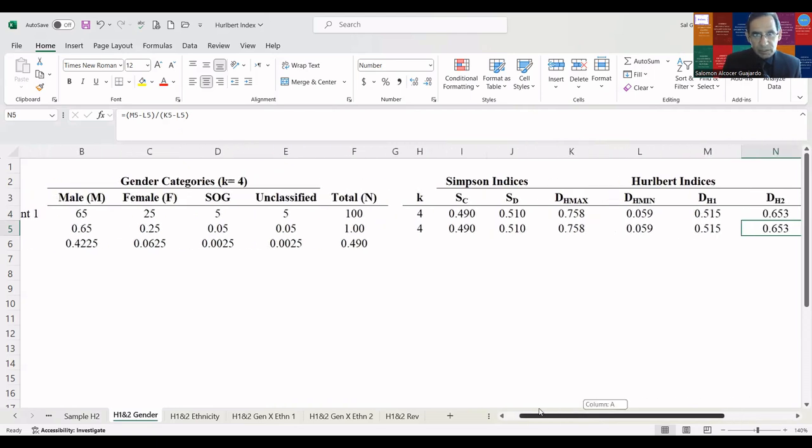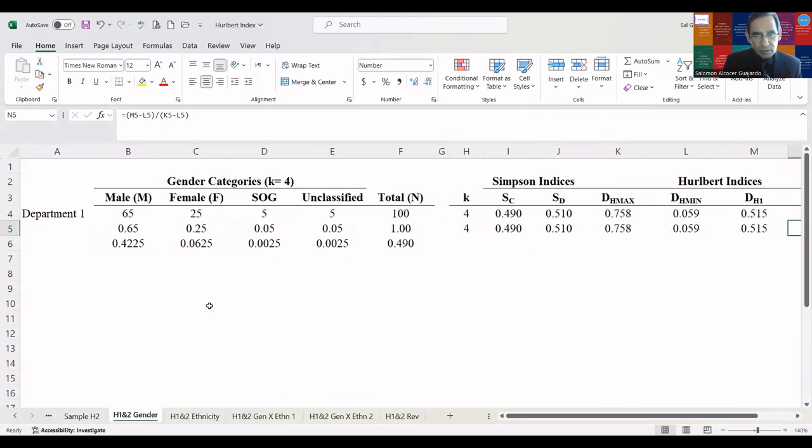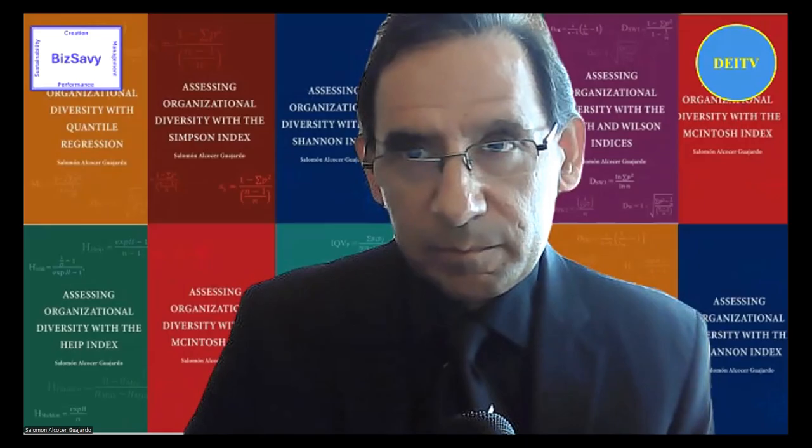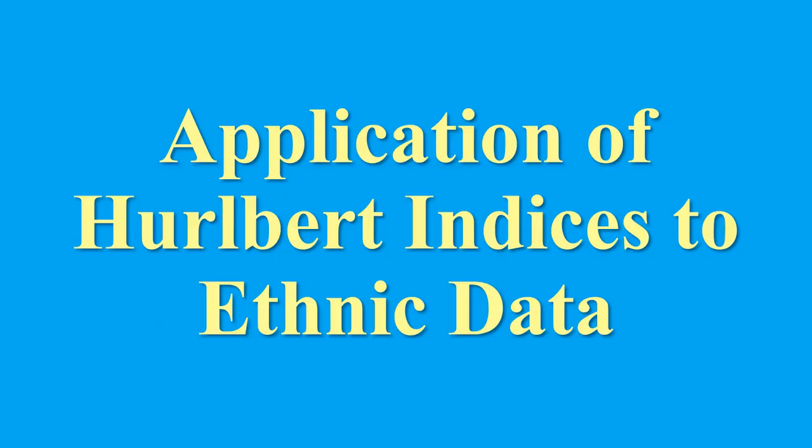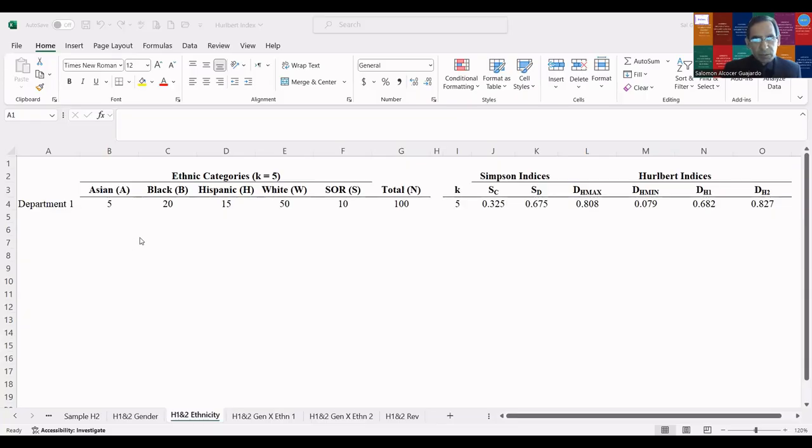And again, this gender data is the same that was used in episodes 1, 2, and 3. So now let me move on to how to apply the formulas to ethnic data. So let me stop sharing. And now let me move on to the application of the formulas to the ethnic data. And here's the same ethnicity data that has been presented in the previous episodes.